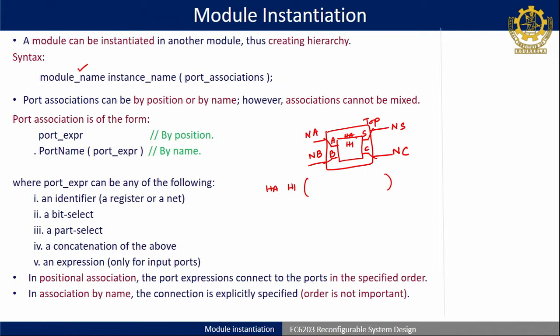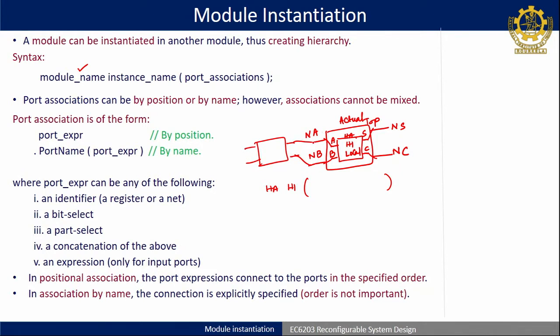Next, while calling it, we have to connect whatever you have instantiated. I can treat that as the local module, and I can treat this as the actual module. Why actual? Because this will communicate with the external module. If this is a design and there are other designs here, then NA will connect here or NB will connect here.